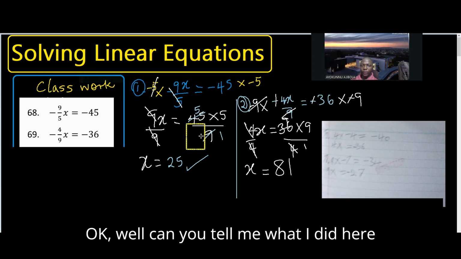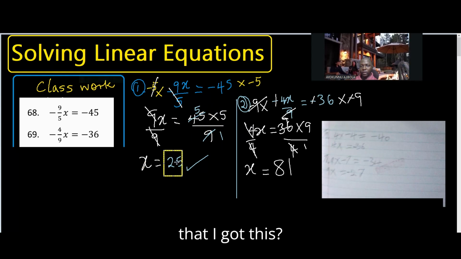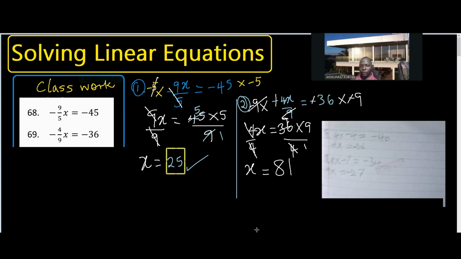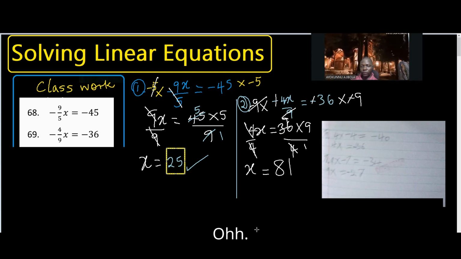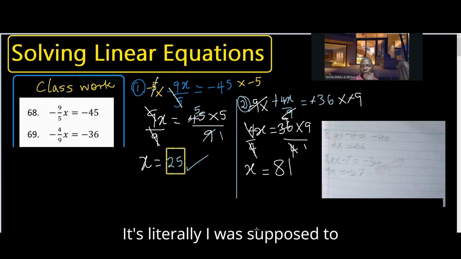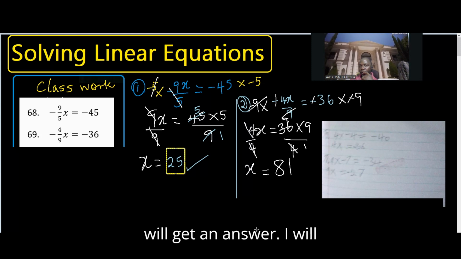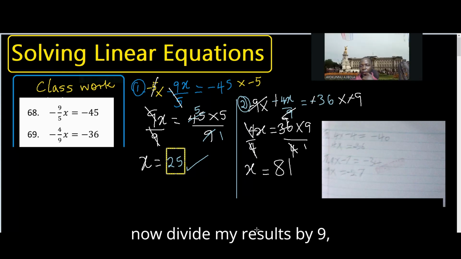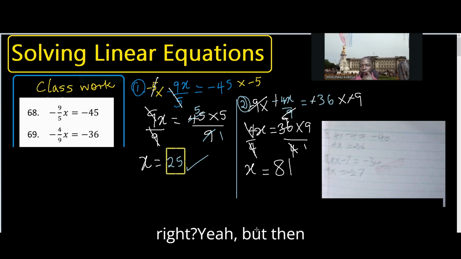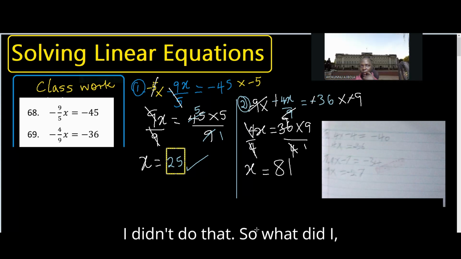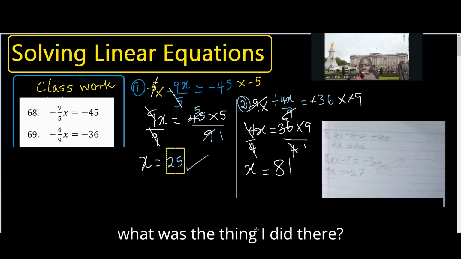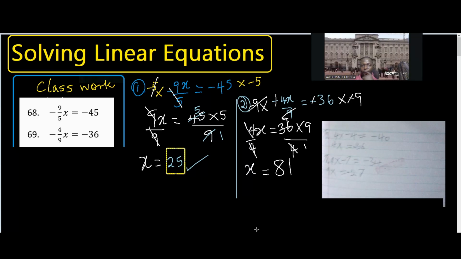Can you tell me what I did here that I got this? Literally I was supposed to say 45 times 5, then I will get an answer and divide my result by 9, right? But I didn't do that. So what was the thing I did there?